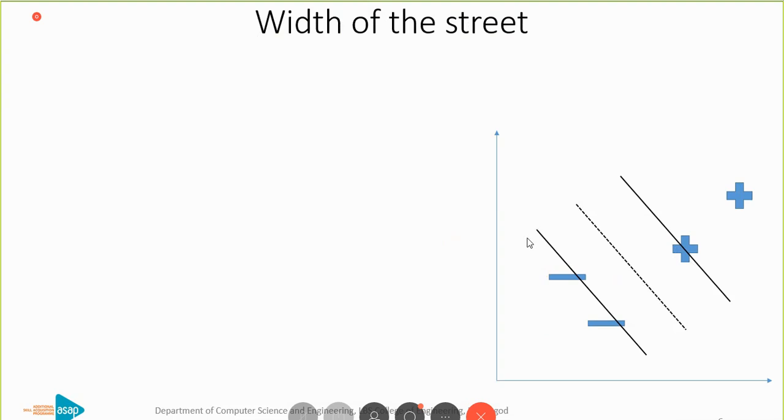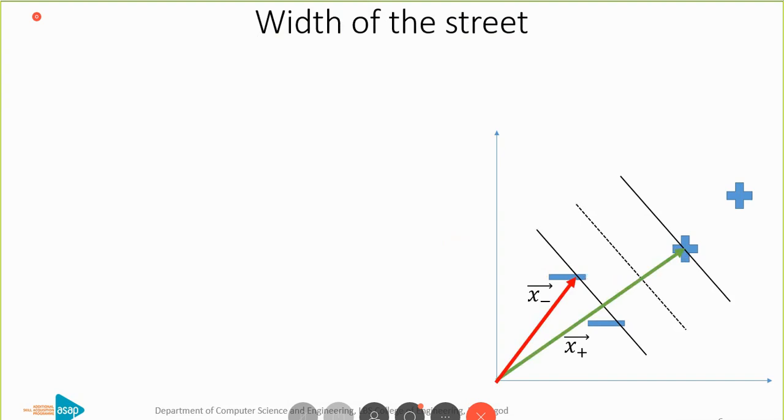Now to find out the width of the street, I'm going to take a new vector. I'm going to connect that to the positive sample. So this vector x plus connects to a positive sample. I'm going to take another vector, x minus, to a negative sample.